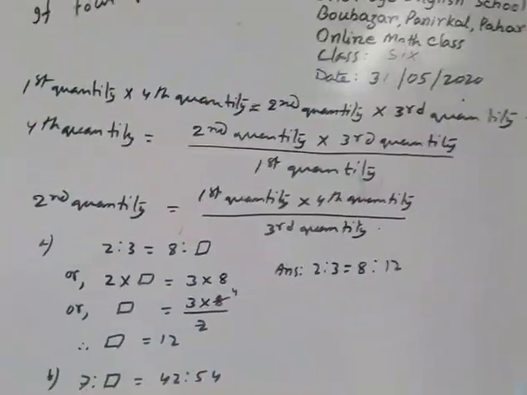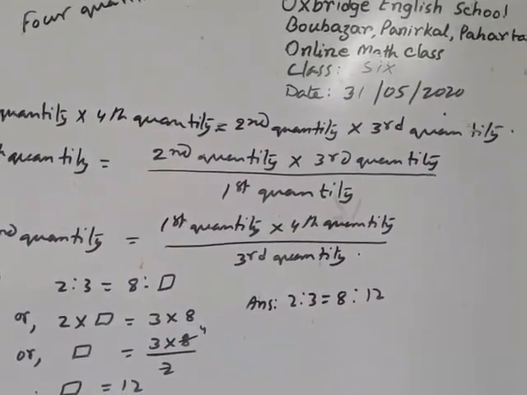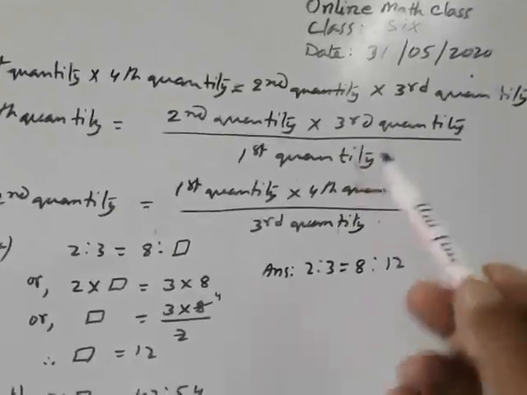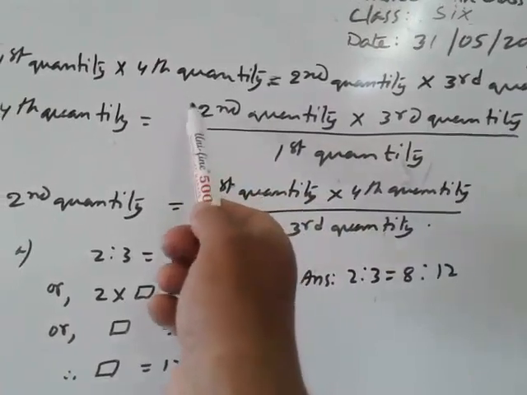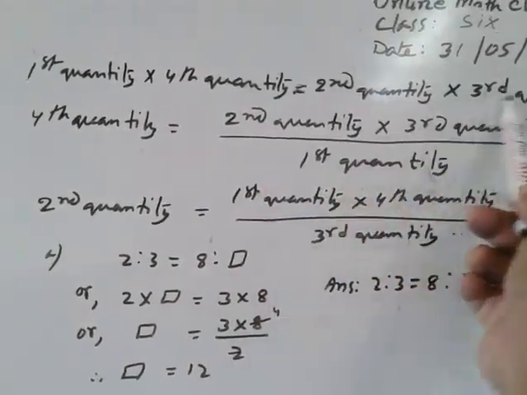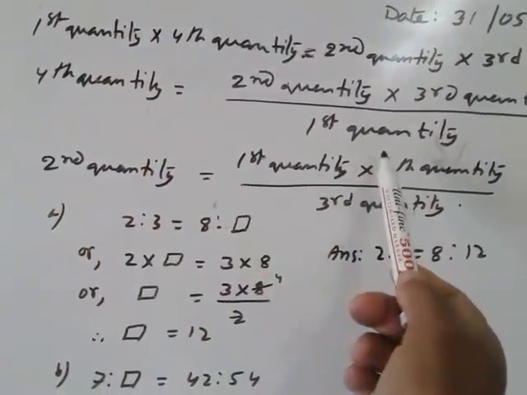See this formula, first quantity multiply fourth quantity equal to second quantity multiply third quantity. If we want to find out the fourth quantity, then we have to do second quantity multiply third quantity divide by first quantity.